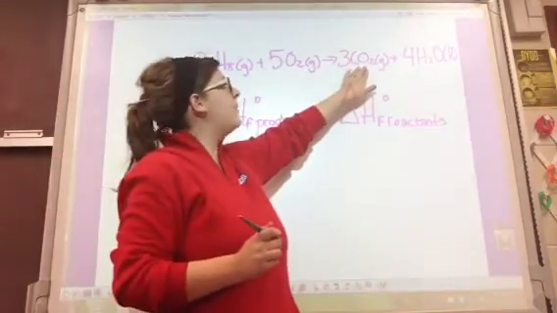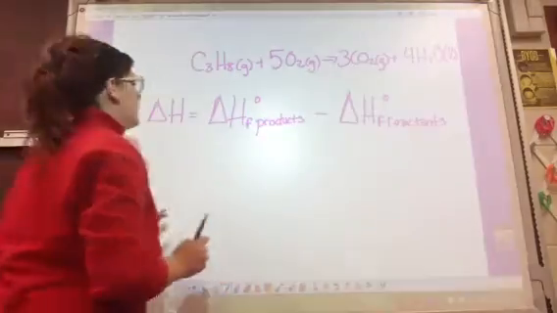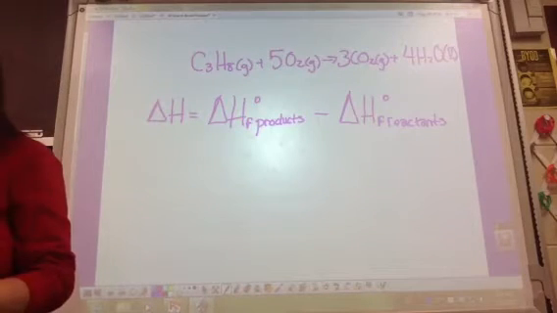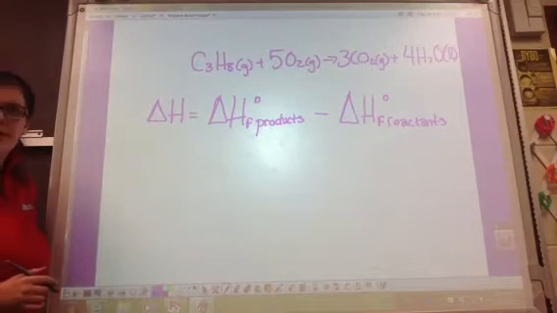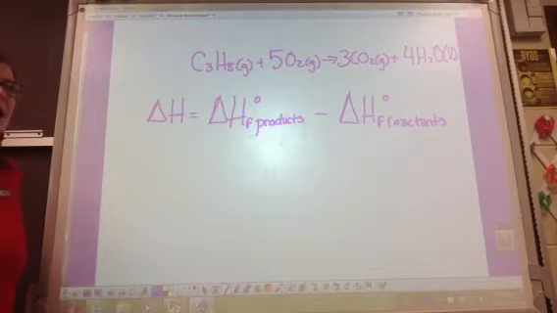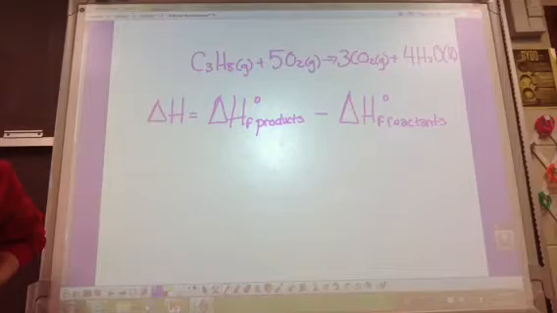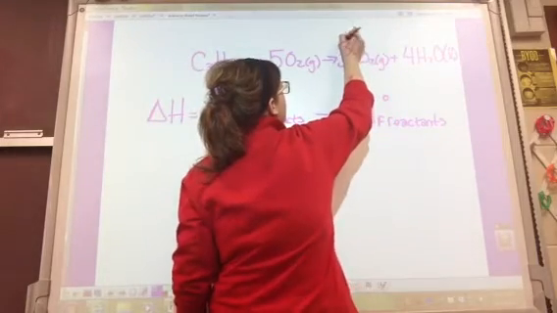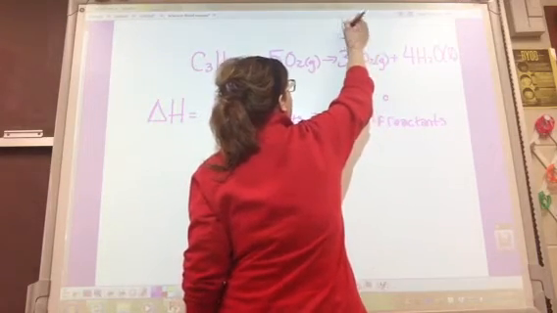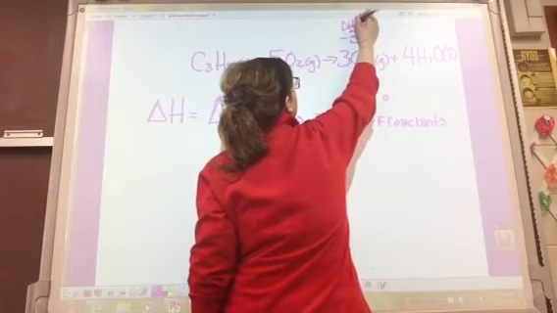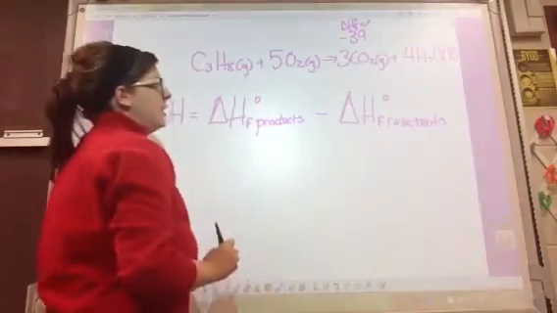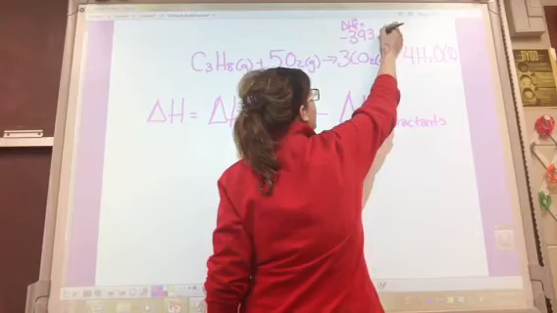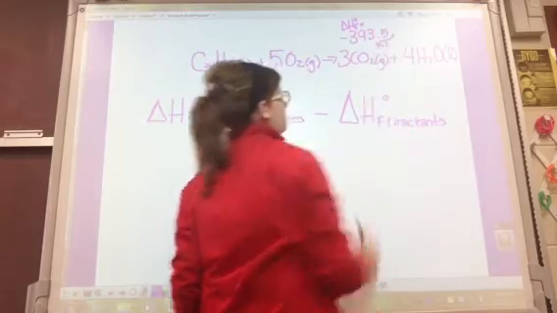So let's look up the value of CO2 in Appendix C. If I did that, I would find that CO2 has a standard enthalpy of formation value of negative 393.5 kilojoules. So CO2, if I look in the back of my book, would have a delta HF value of negative 393.5 kilojoules.